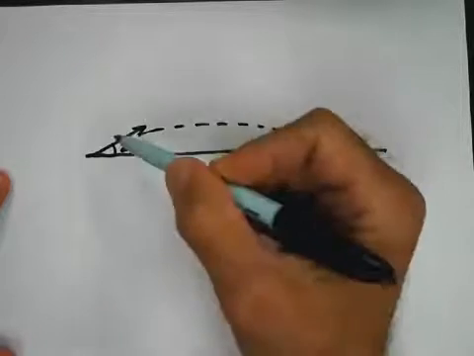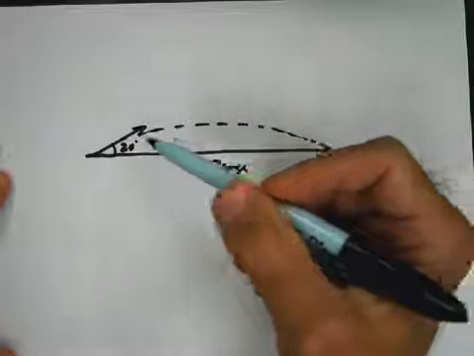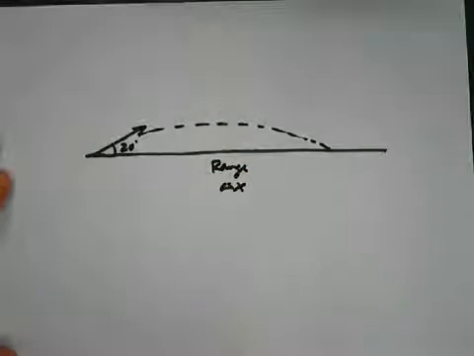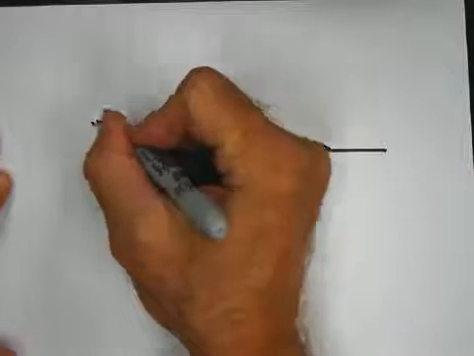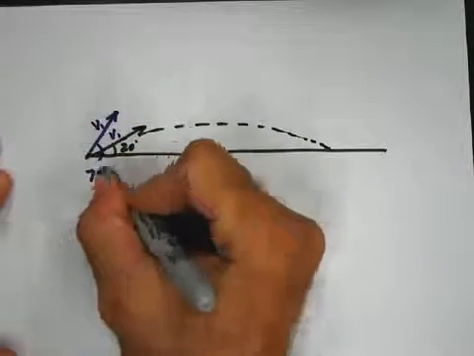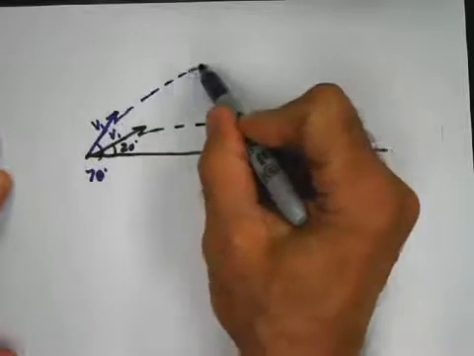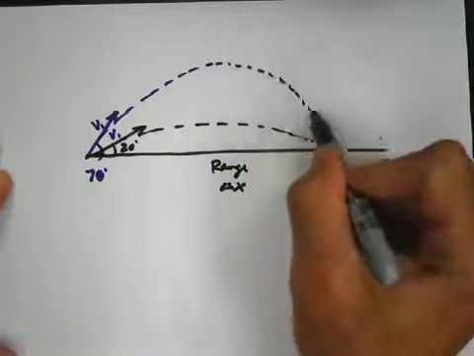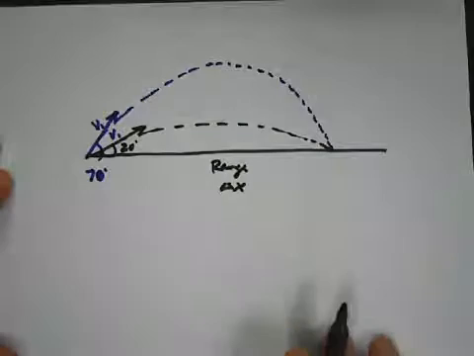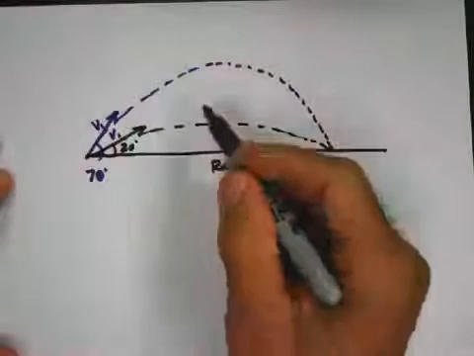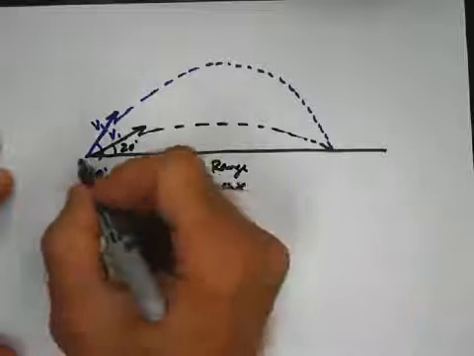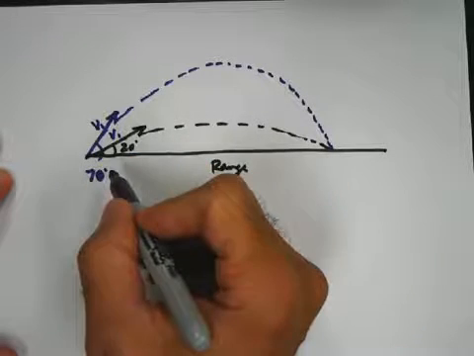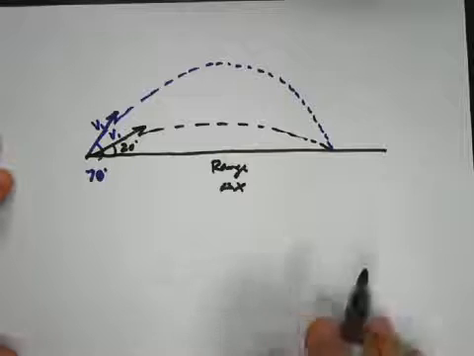But if we shoot at the complementary angle, what would that be, 70 degrees, at the same velocity V1 each time, it's going to end up going higher and taking more time in the air, but it's going to land in the same spot. I didn't draw that very symmetrically. That parabola should be symmetrical, the first half equaling the second half. So the range will be the same whether you shoot it at 20 degrees or 70 degrees, and for other complementary angles also. Thanks a lot.